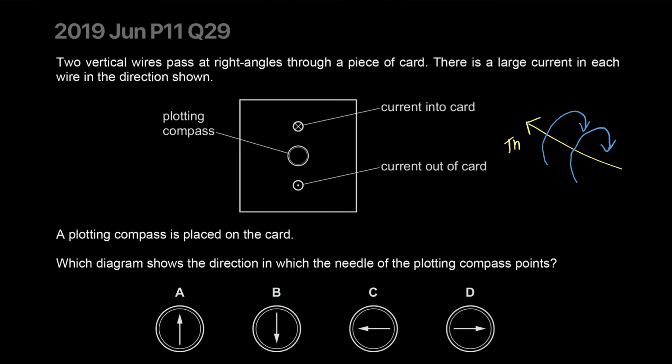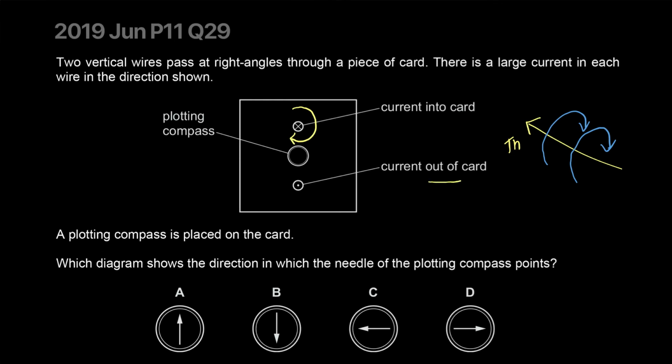So if the current is going down into the page, the magnetic field generated is going to be clockwise over here. So let's just erase that and make a magnetic field that's clockwise, like that.